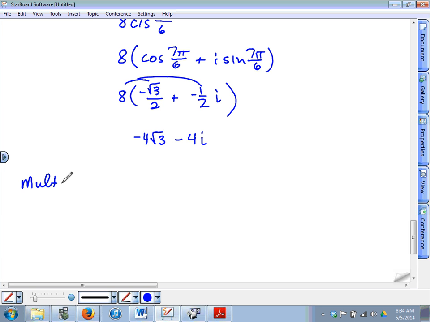Before I actually get to that third topic, De Moivre's theorem, we have multiplication and division. I already showed you an example of multiplication of complex numbers in standard form.